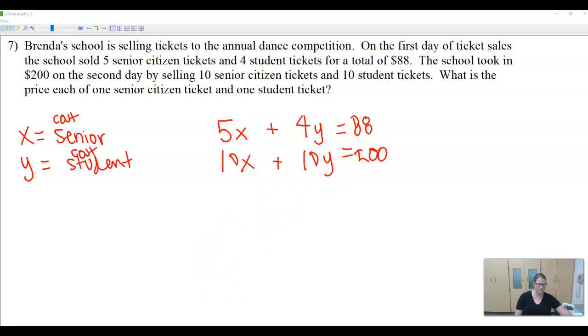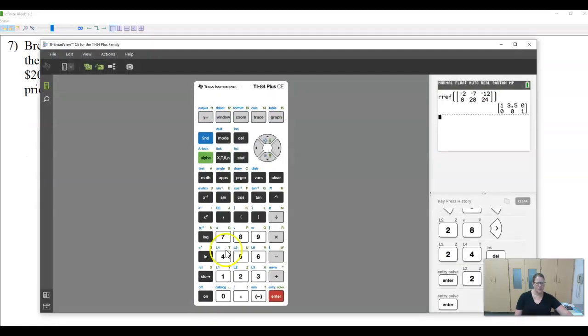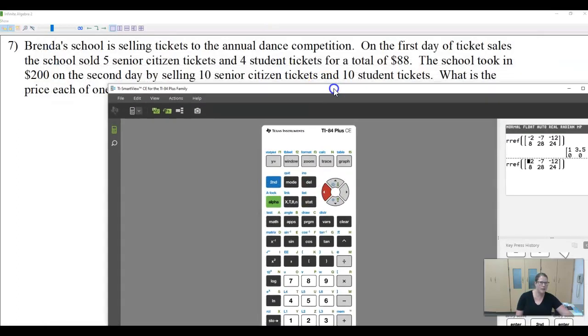So we've got, okay, so we have, let's just again do second and then enter, and that's going to bring up our matrix. And place these numbers to match our problem. Alright, and I think somehow I got erased.